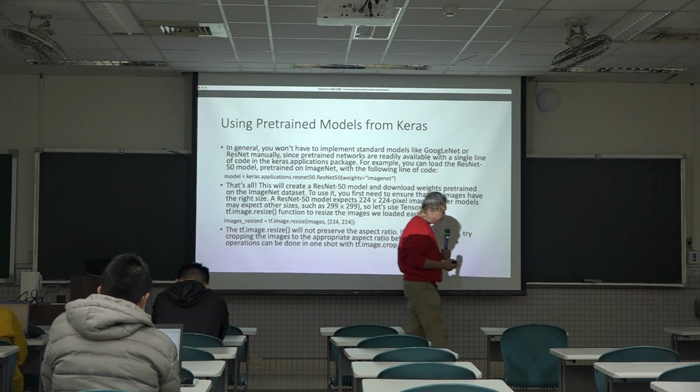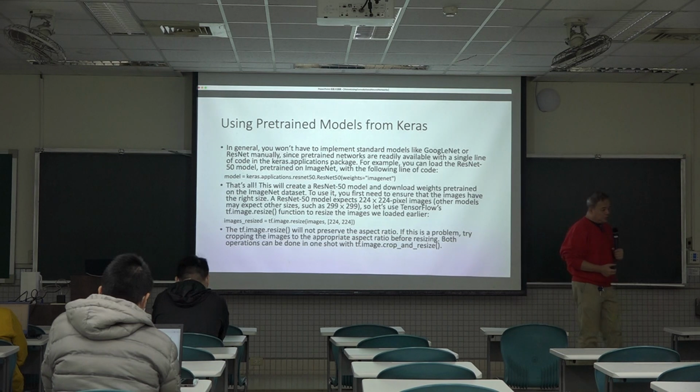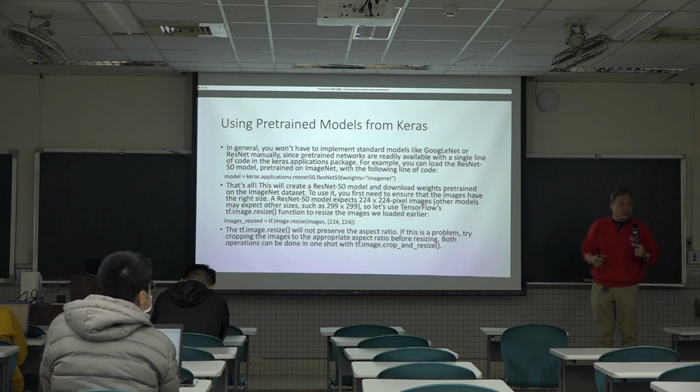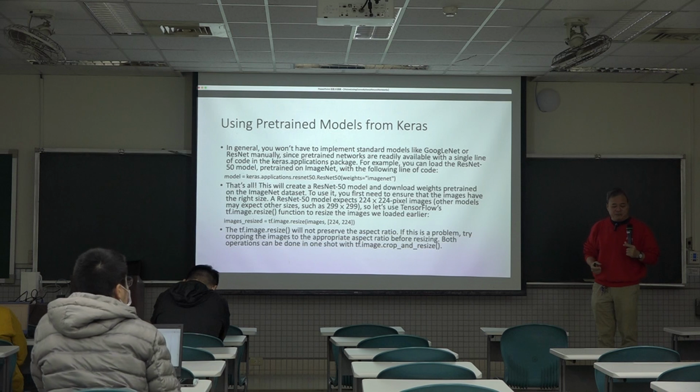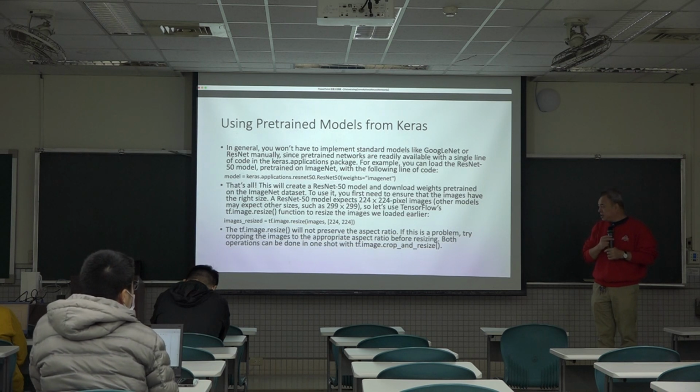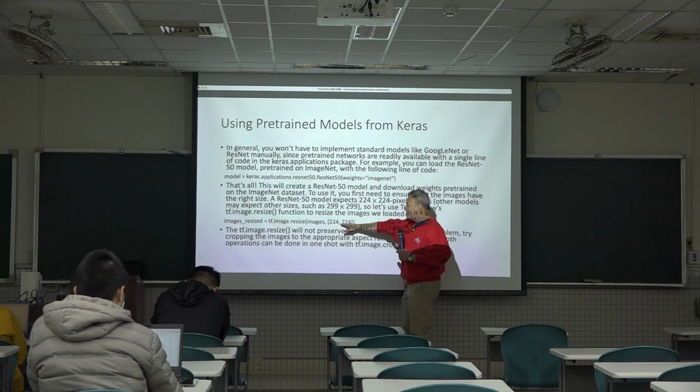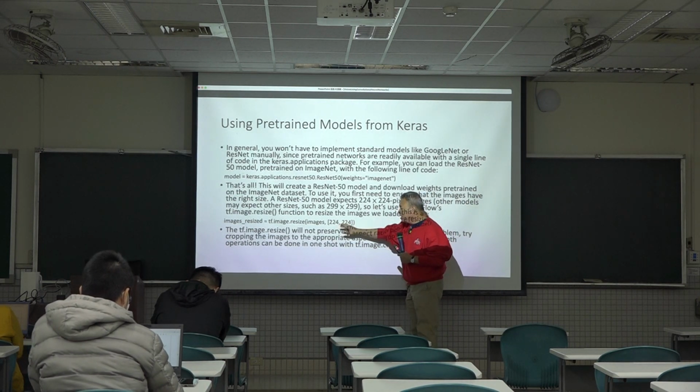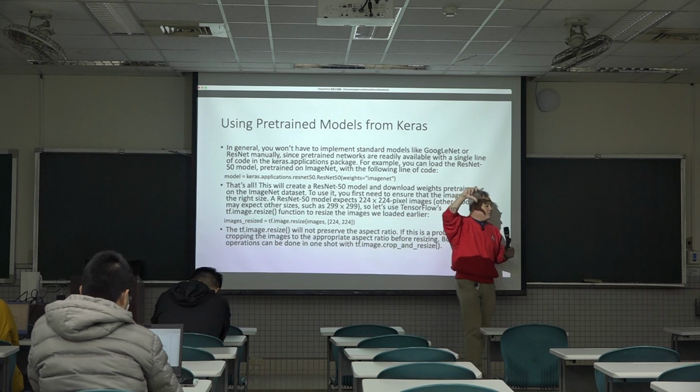But sometimes the width and the height have a special ratio. For example, 256 by 256 or 224 by 224 is pretty much square, right?